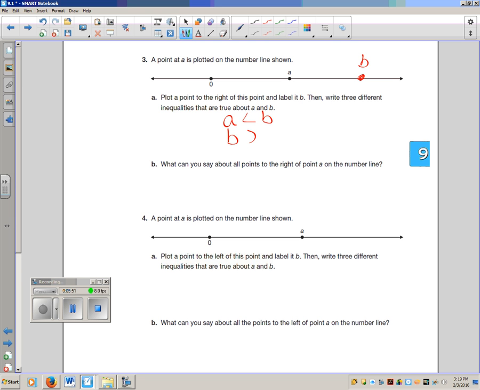B is greater than A, because it's farther right. What's the last one we can write? A, B, what can I put in between them? Not equal. Those are the 3 things. What can you say about all the points to the right of point A? Anything that's to the right, is it going to be larger or smaller? It is larger.